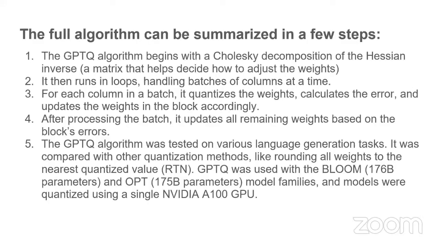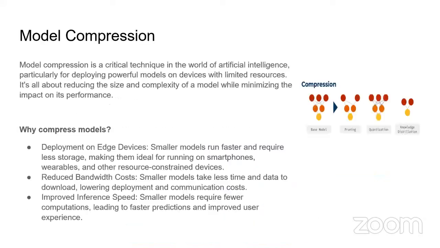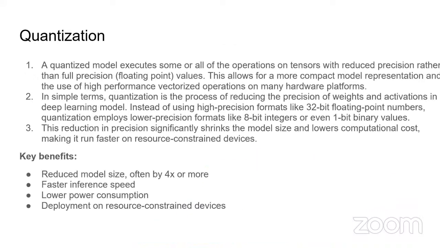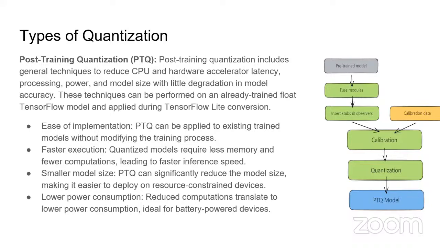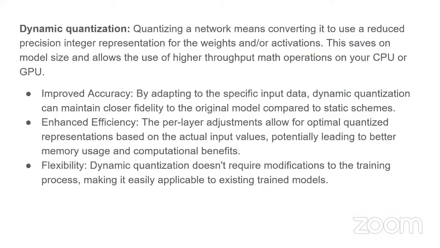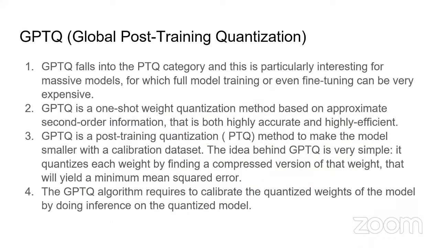We have understood a few of the quantization models. We have understood how model compression works. We have understood the model compression techniques. Then we have understood what quantization is, and how quantization actually works. Then we have seen some of the types of quantization, like post-training quantization, quantization-aware training, and dynamic quantization, and then we have now understood GPTQ, that is, global post-training quantization.